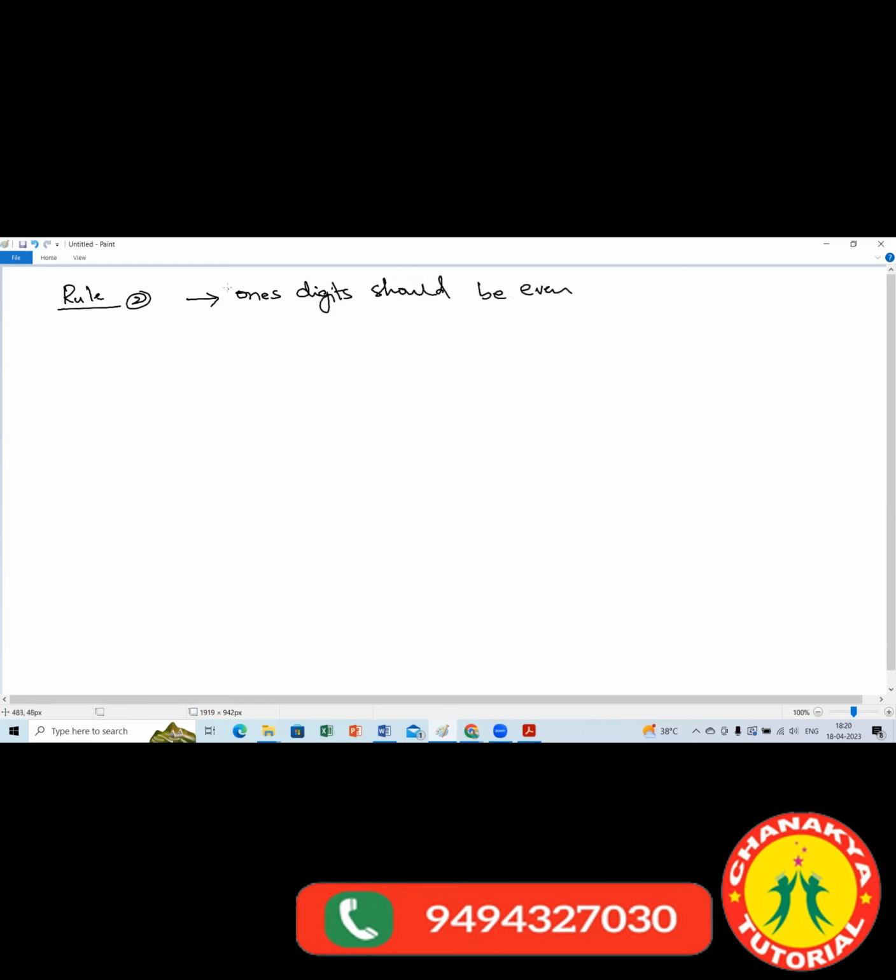So for your example, it's even. Rule 3 is the sum of digits. What is the number given to you? 990. So the sum of digits means 9 plus 9 plus 0. What is the value here?